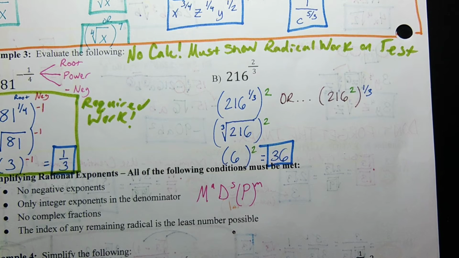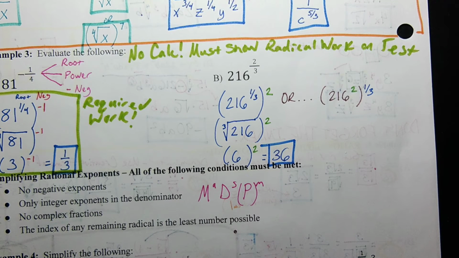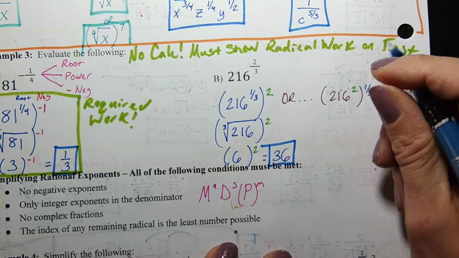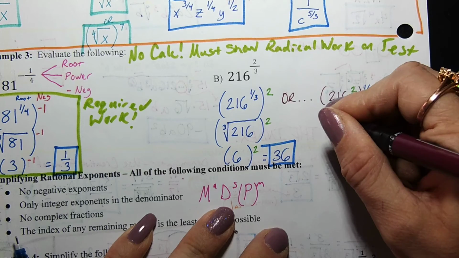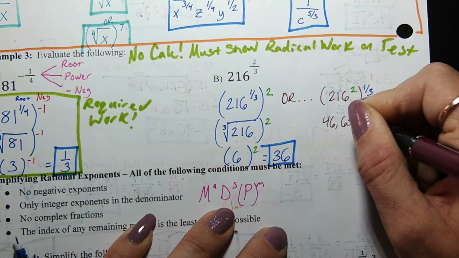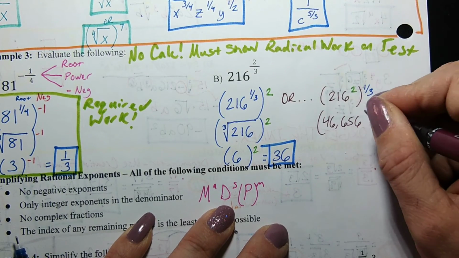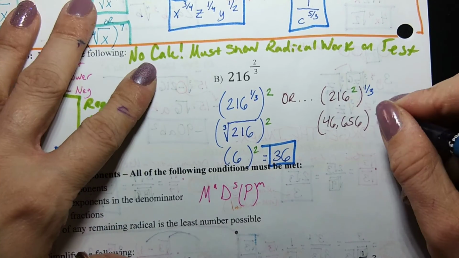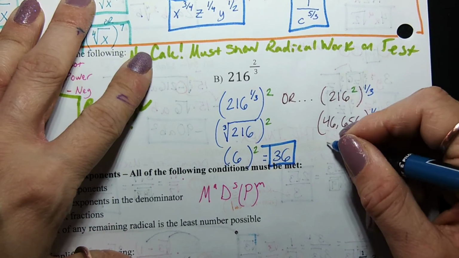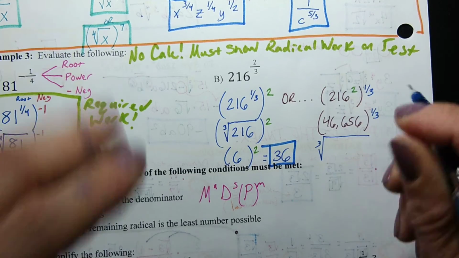If I power up, don't we still get 216 to the 2/3? Yeah. So why wouldn't I want to do it this way? What's 216 squared? Well, I definitely have to use my calculator for that, so that's a problem. So let's see, that would be 46,656. And then taking that to the 1/3 power means I need to take the cube root of it.